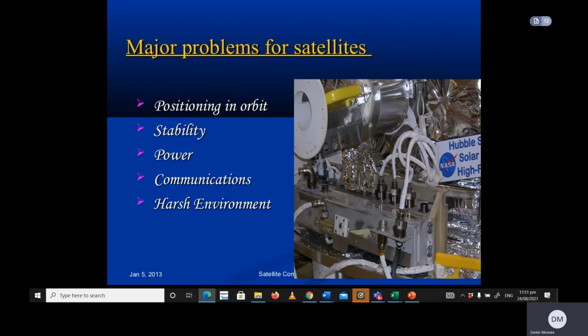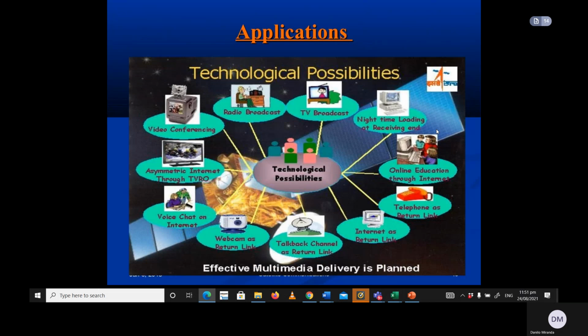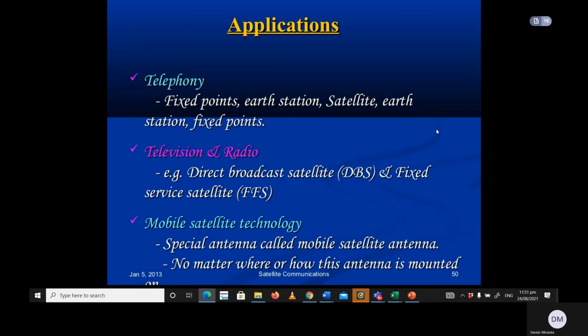Ang problem siyempre, power. Usually the application.